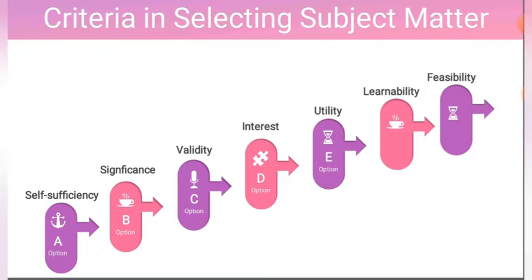Next is learnability, or the subject matter is within the range of the experiences of the learners. And the last one is feasibility, or the state or degree of being easily or conveniently done. And it would ask the question if it's possible to do so. So those are the criteria in selecting subject matter.